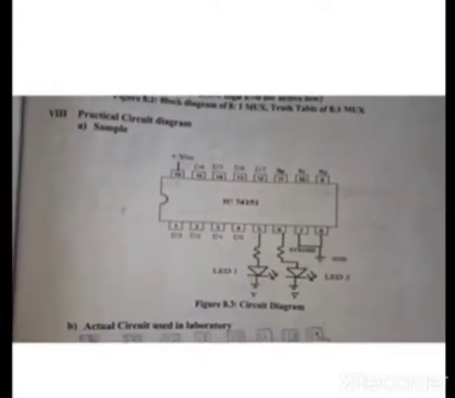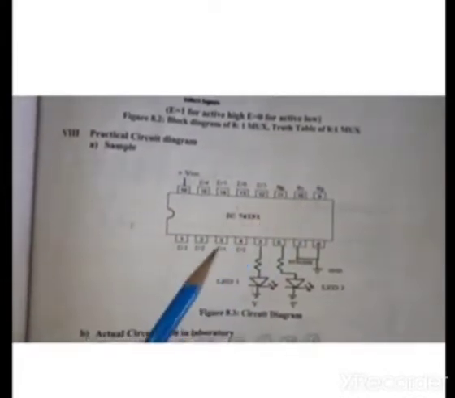Select lines are the pins which select the data that will move to the output. For example, if we give 0, 0, 0 as input to the select lines, then data D0 will move to the output.